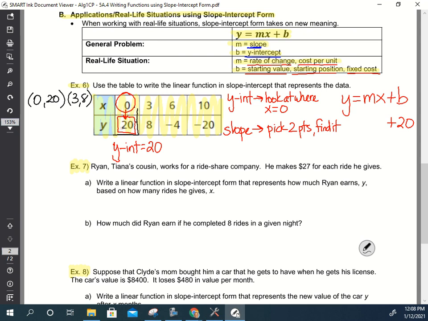So 0, 20 is 1 point. 3, 8 is another point. 6, negative 4 is another point. 10, negative 20 is another point. Pick whichever ones you want. But now we find the slope: y2 minus y1 over x2 minus x1.